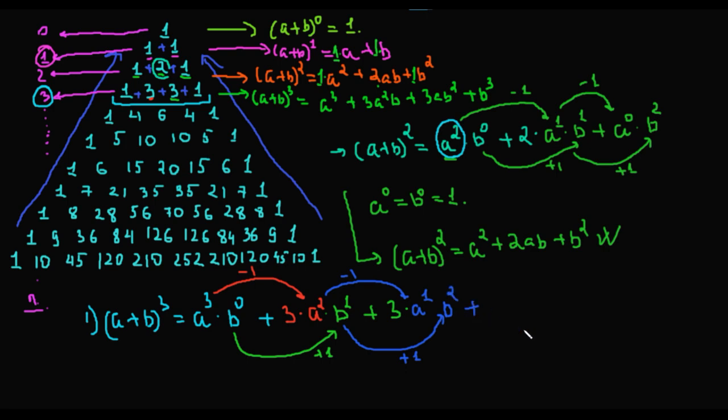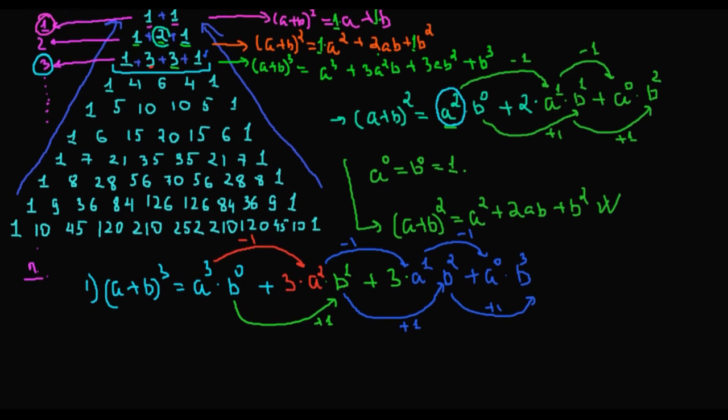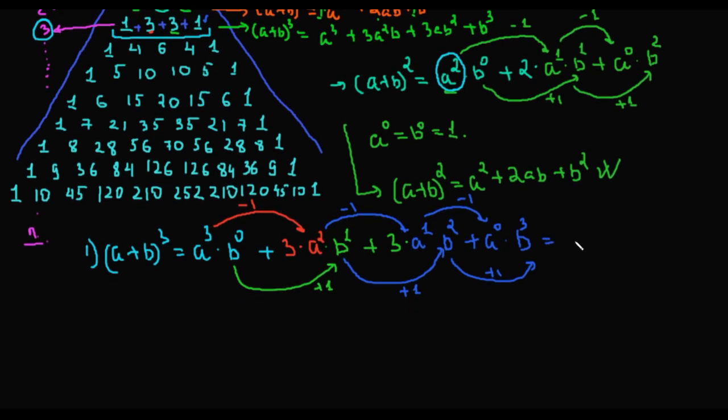Plus the last coefficient is 1, times a to the 0 because it is decreased by 1, and times b, which has the highest power, the cube.